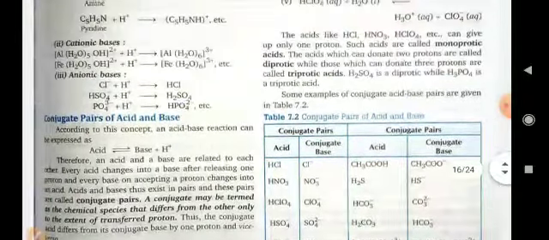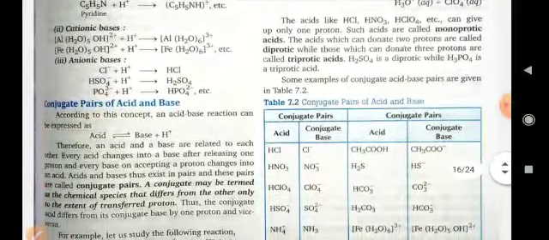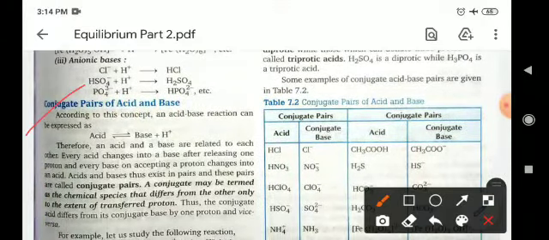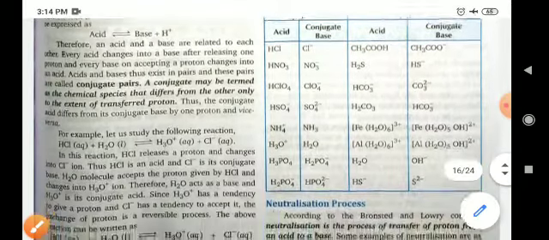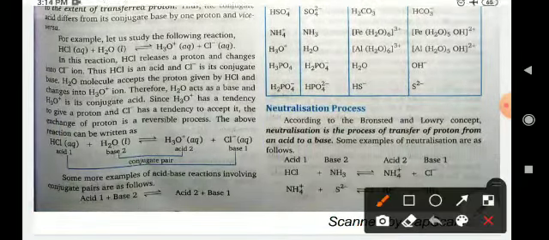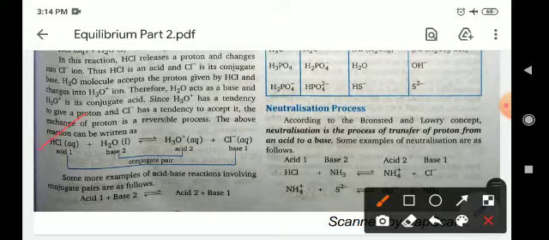Now in this concept, a new term comes out, that is the conjugate pair of acids and bases. So what is a conjugate acid base pair? For example, HCl, an acid, and H2O, a base, when they react form an aqueous acid 2 and base 1.